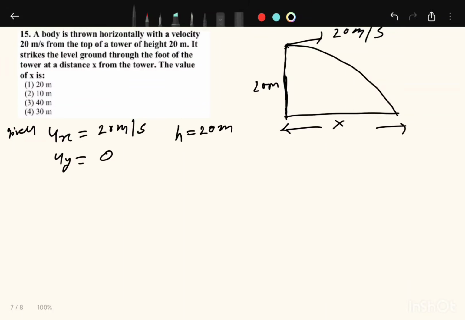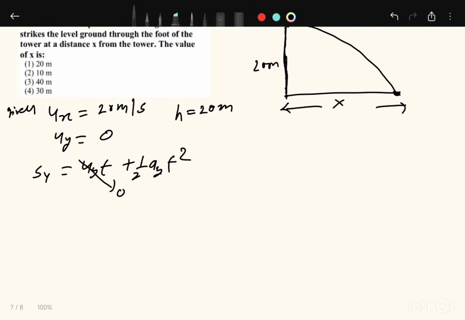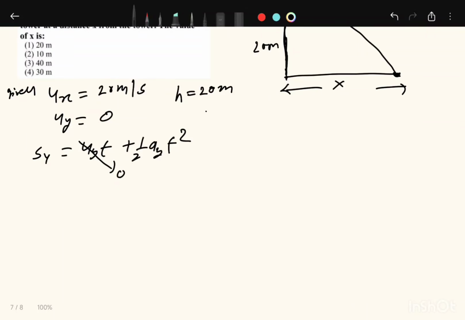So when your particle reaches the ground, can we apply the y displacement formula, sy equals uyt plus half ayt square? Uy is 0, so this term becomes 0, and ay is nothing but g. You can take the downward direction as positive, so sy will be 1 by 2 gt square.